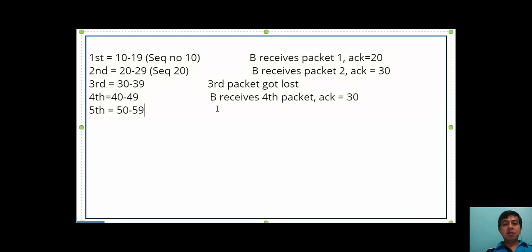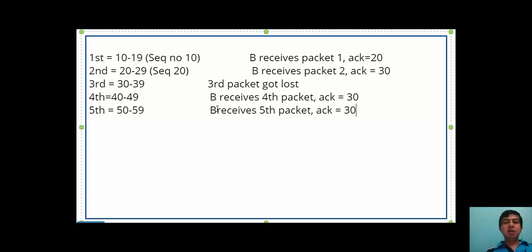Clear? Say after some time we receive the fifth packet also. It has still not received the third packet, so it will send an acknowledgement number of 30. That means I have received certain packets, but I'm expecting a packet with sequence number 30.